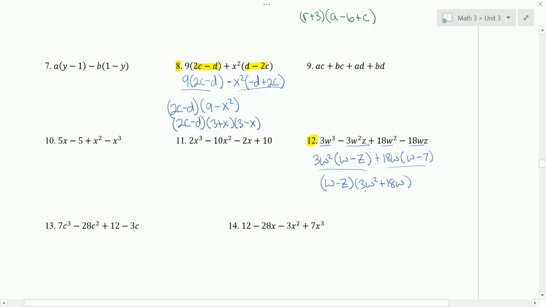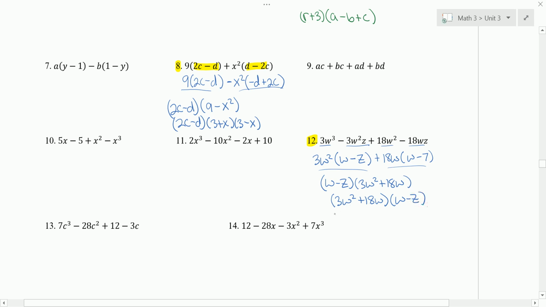And if you look at my second factor, the 3w squared plus 18w, you could factor a 3w out of that. I'm going to switch things around so it doesn't get too confusing for you if you're watching. So I'm going to just rearrange my two factors.